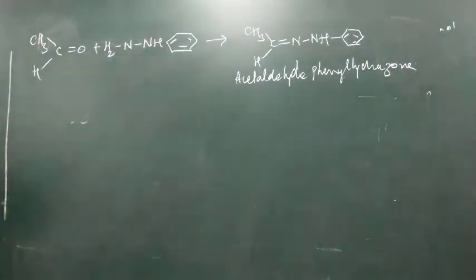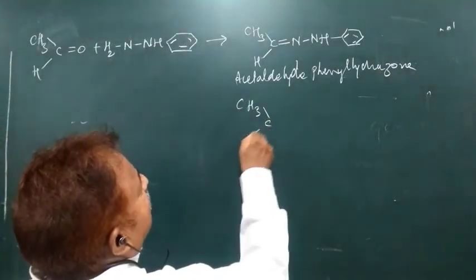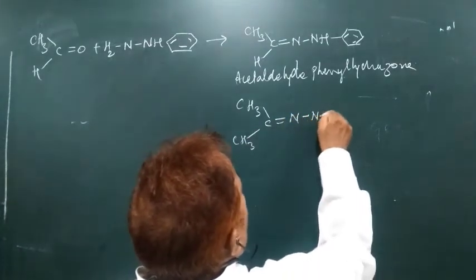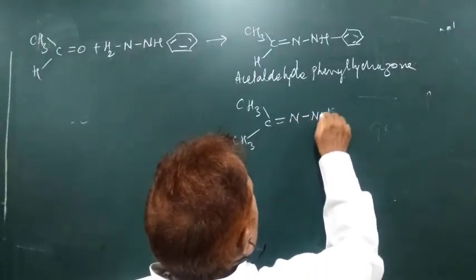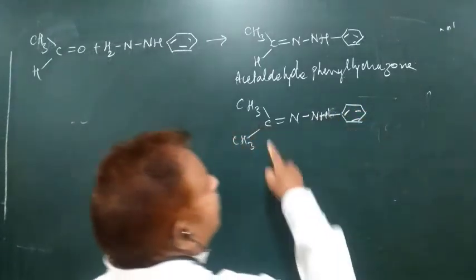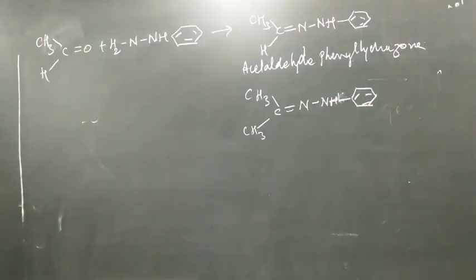Similarly, when the reaction takes place with acetone, we get CH3C(CH3)=N-NH-phenyl. This is acetone phenylhydrazone.